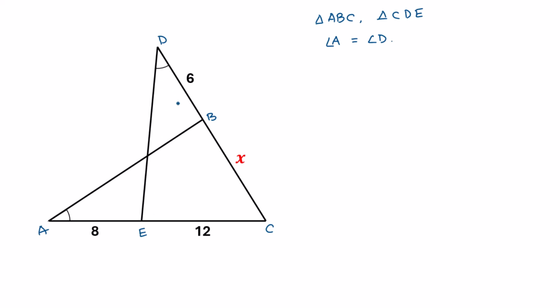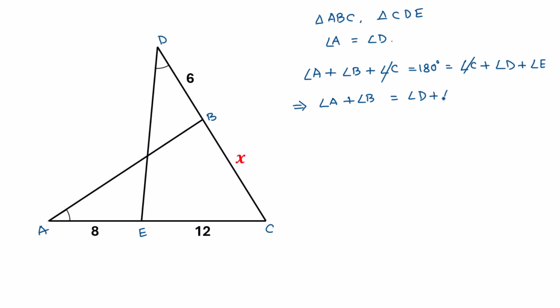As the sum of three angles of a triangle is 180 degree, in triangle ABC, angle A plus angle B plus angle C is 180 degree, which is the same as in this triangle, angle C plus angle D plus angle E. Angle C and angle C will cancel from both sides, and it will remain angle A plus angle B in this triangle is equal to angle D plus angle E in this triangle.